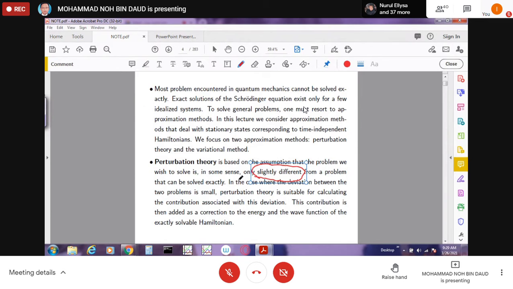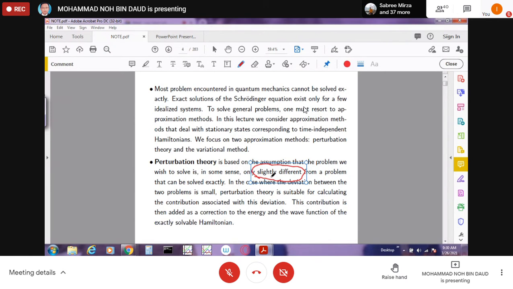Slightly different from the given problem, we can use all the information from the exactly solvable Schrödinger equation, the Hamiltonian operator, to solve these problems.